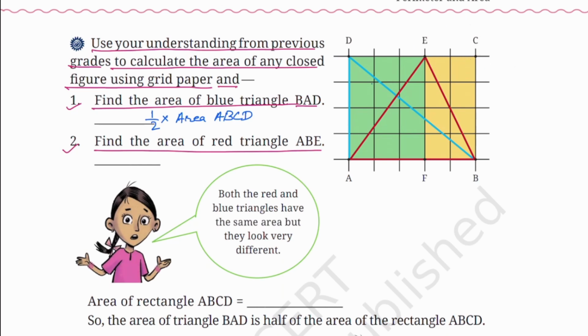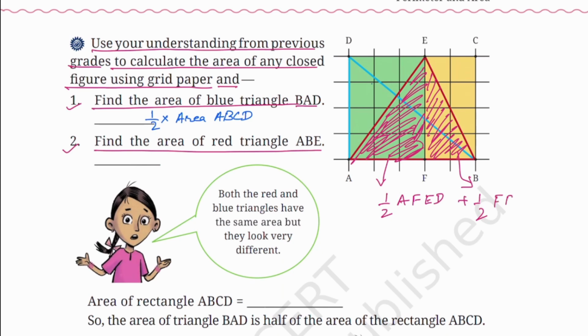So you can say the area of this triangle is half of the area of rectangle AFED, that is the green one, and the area of this portion is half of the area of rectangle FBCE.